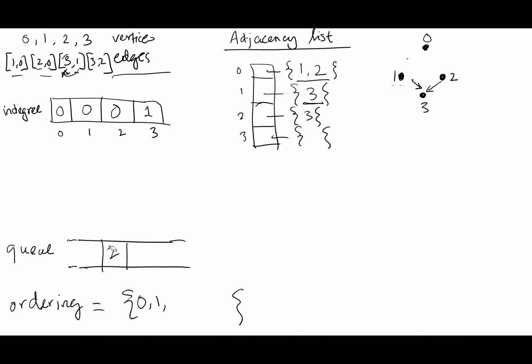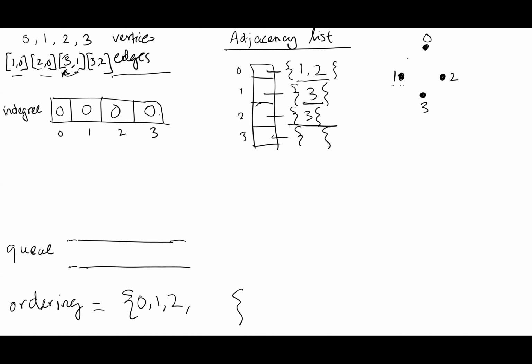Next I take out course 2, put it in the ordering, and look at the neighbor of 2, which is 3. I remove the dependency, so the in-degree now goes from 1 to 0.